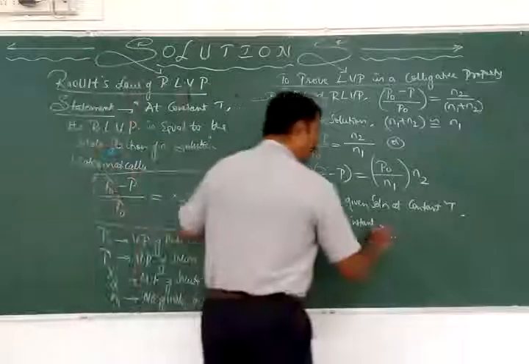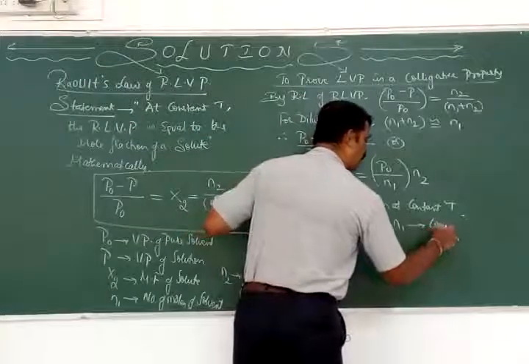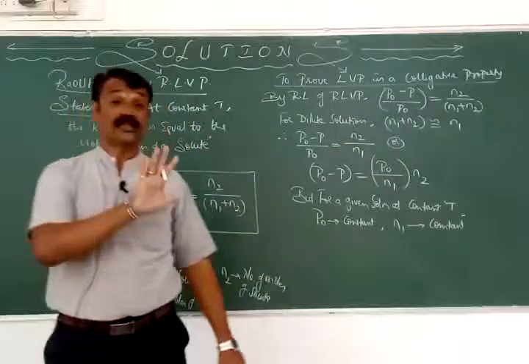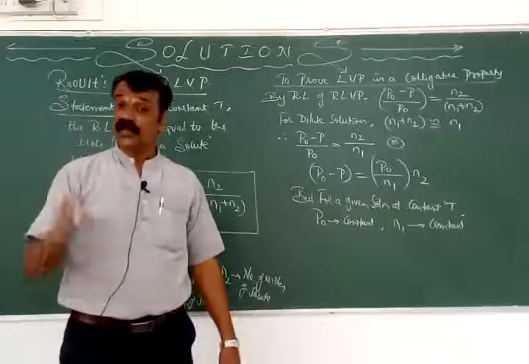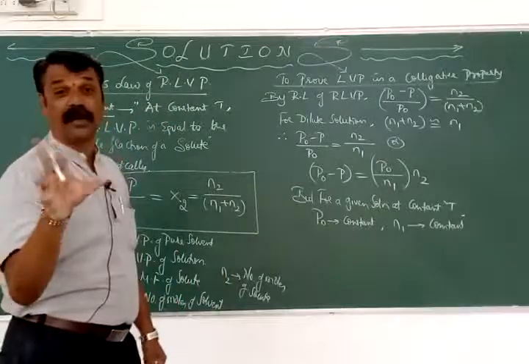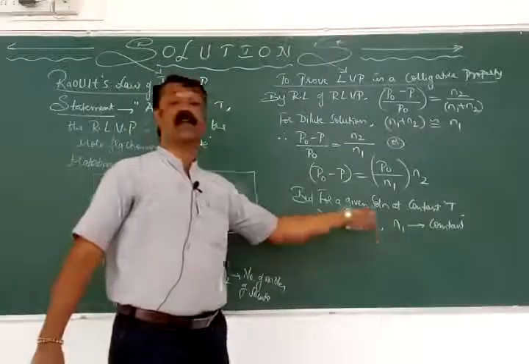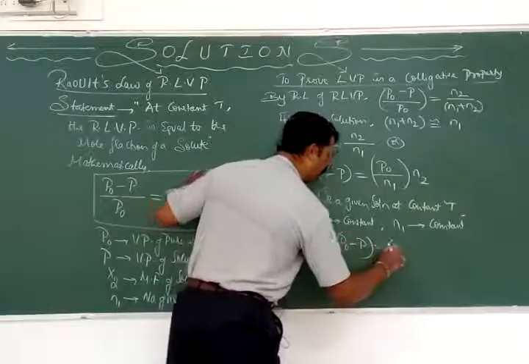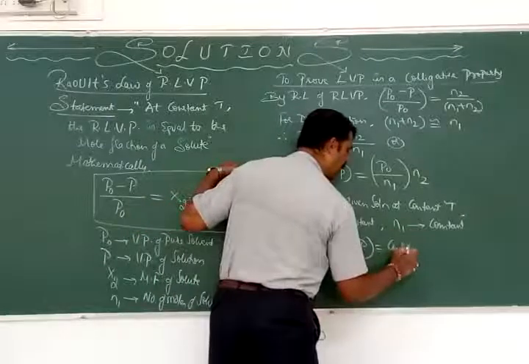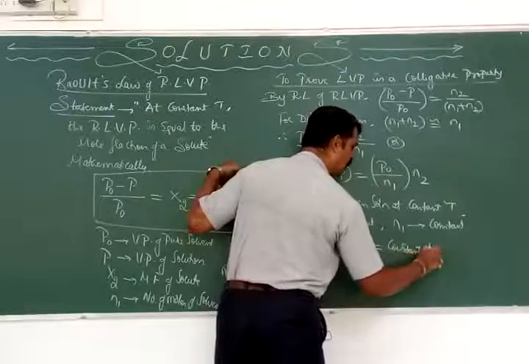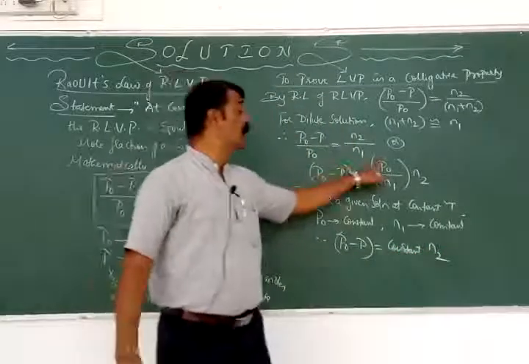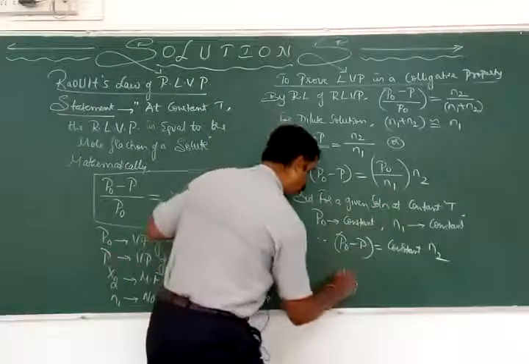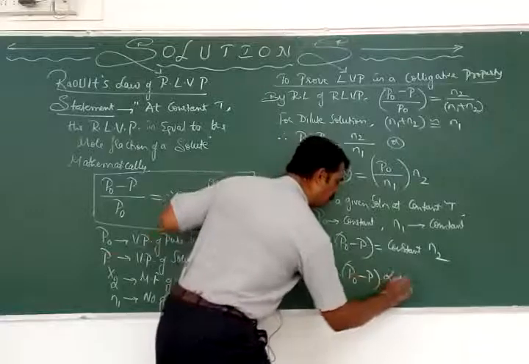Then N1 is also constant, because the solution concentration varies with the amount of solute particles but not with the solvent. So for the given solution at constant temperature, P naught is constant and N1 is constant. Therefore, P naught minus P is equal to a constant into N2, because P naught by N1 is also a constant. Therefore, P naught minus P is proportional to N2.